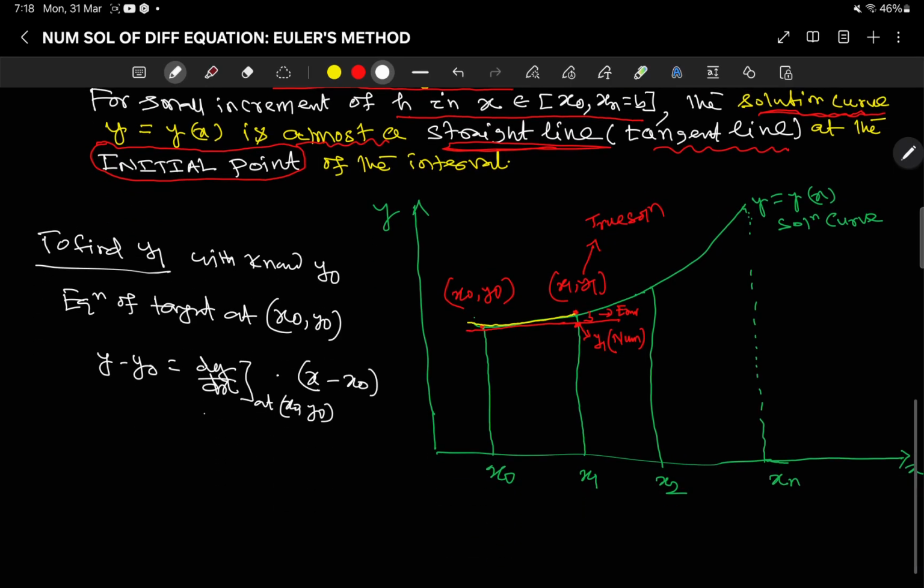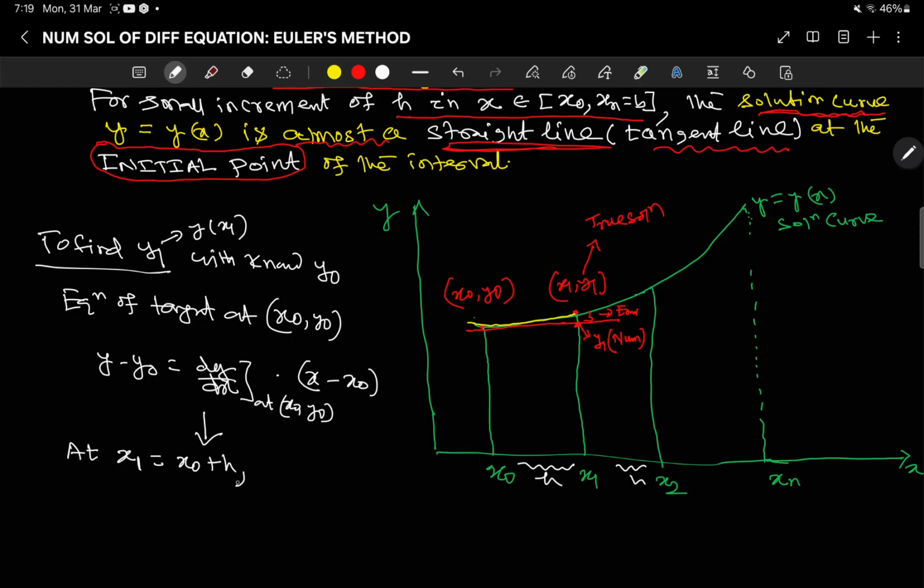Now what is my y1? At x1, y1 means y of x1. So at x1, which is x0 plus h, this is the step length h, in this way we will proceed from x0 to xn.